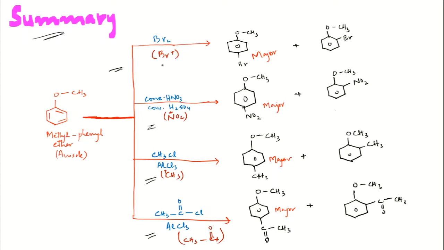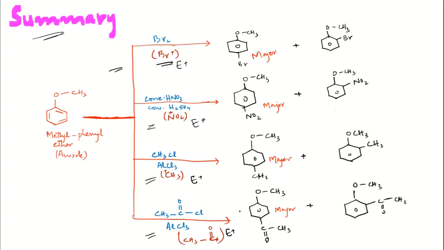In bromination Br positive is the electrophile. Nitronium ion is the electrophile in the nitration reaction, and the methyl carbocation is the electrophile in alkylation, and this particular electrophile is for the Friedel-Crafts acylation reaction.